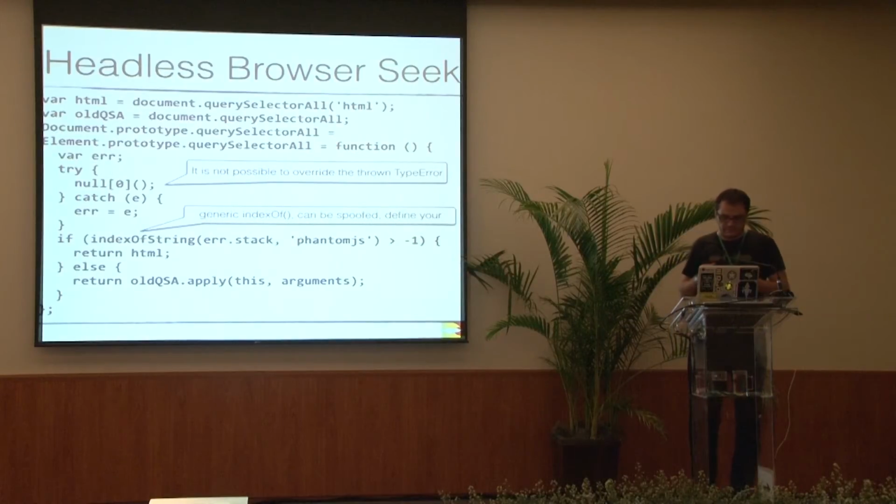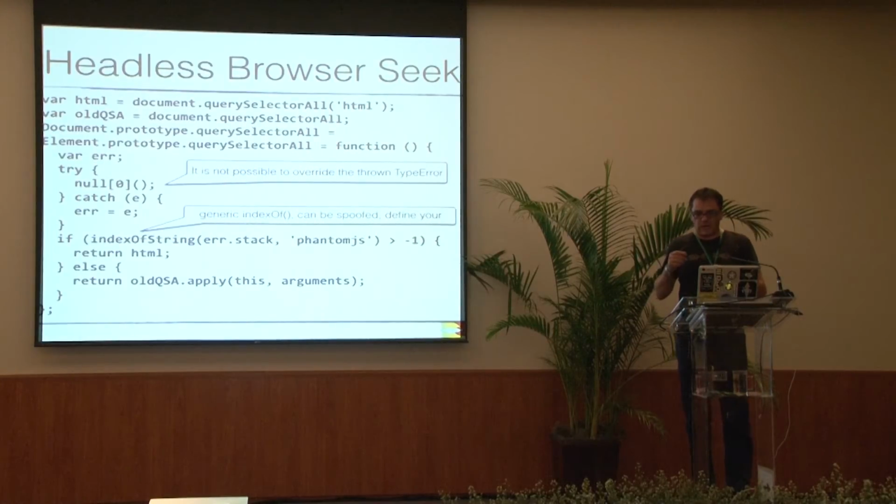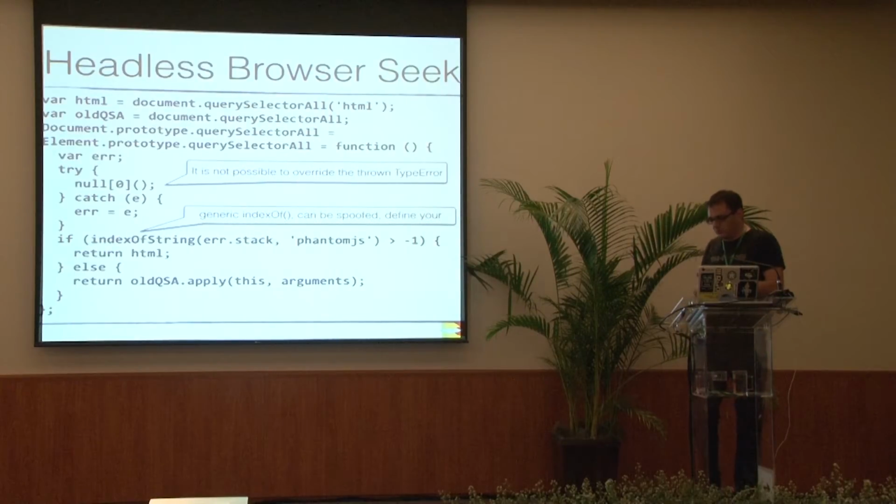There's one important thing: to have Phantom.js appear in your stack trace, you need to trick the Phantom.js script into evaluating your code, which is going to throw that exception. To do that, you probably want to overload some DOM API that's likely to be used by Phantom.js, like document.querySelectorAll or document.getElementById, which is most likely going to be called by Phantom.js.